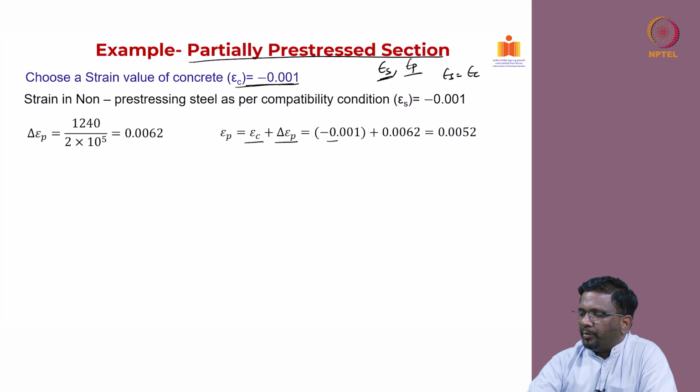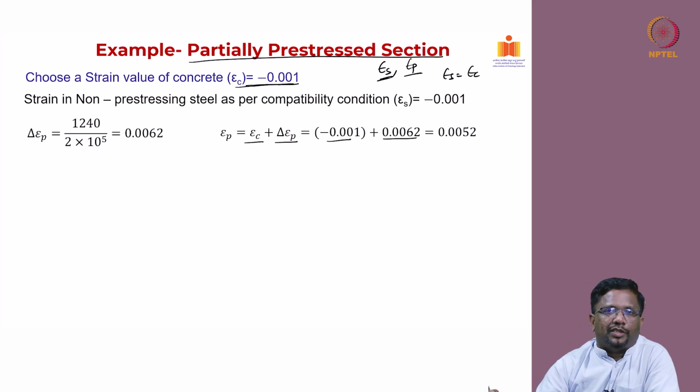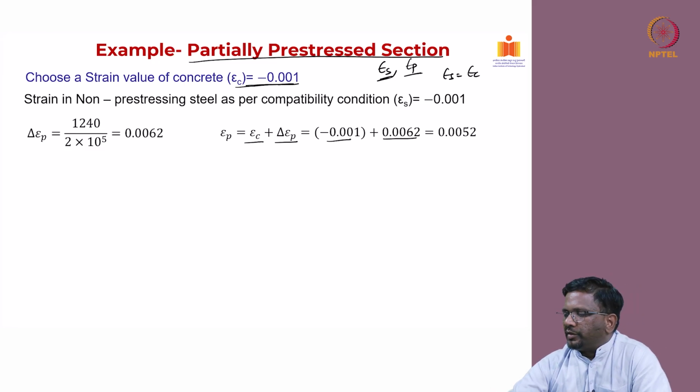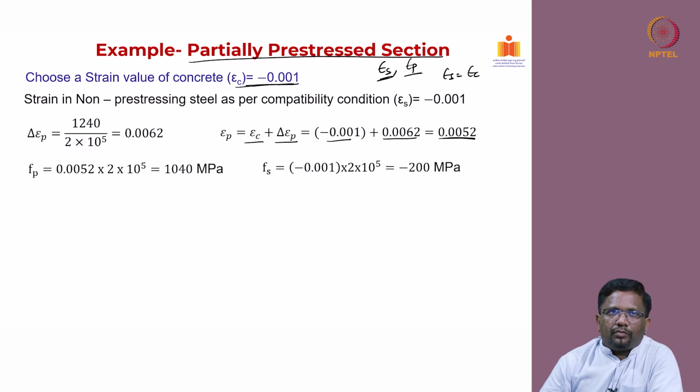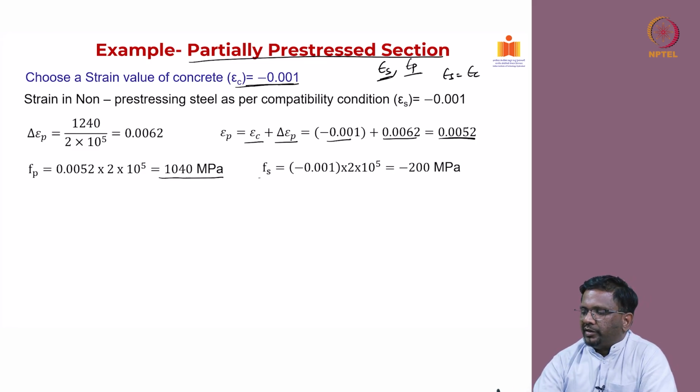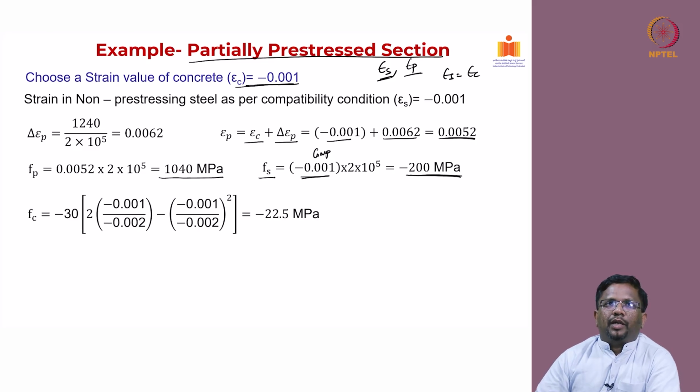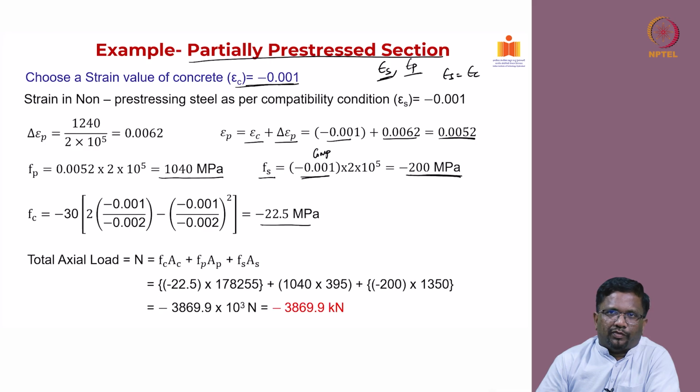So, this is in compression, again this is in tension, initial strain, then the net strain is going to be tension, which is equal to 0.0052, and Fp is going to be epsilon p multiplied by Ep, which is 1040 megapascal again, and stress in the steel, again this is in compression. Okay, the moment you see negative, it is compression, so you get negative 200 megapascal, and stress in the concrete we have already done that, which is negative 22.5 megapascal.